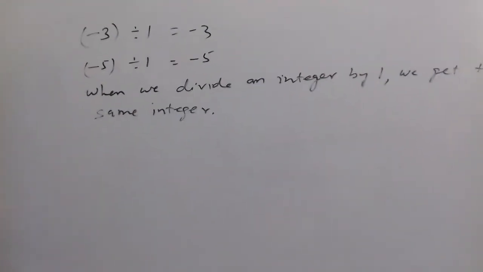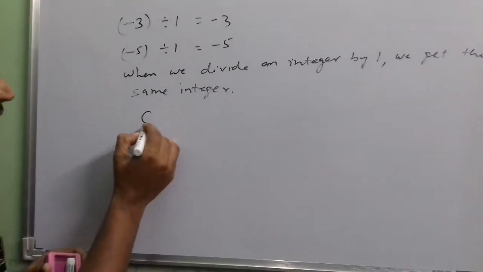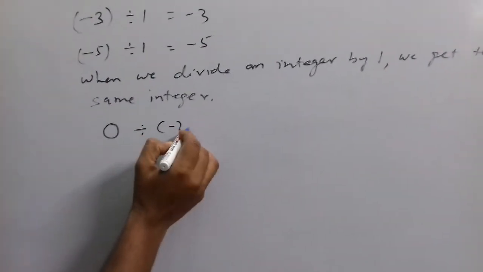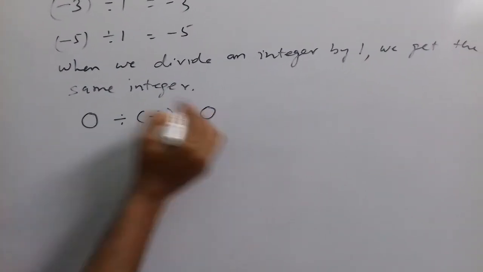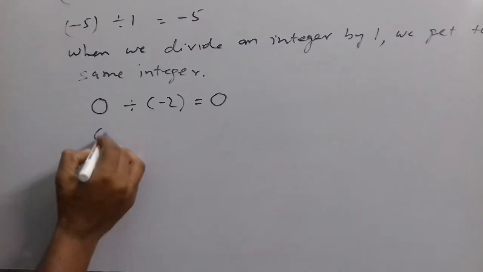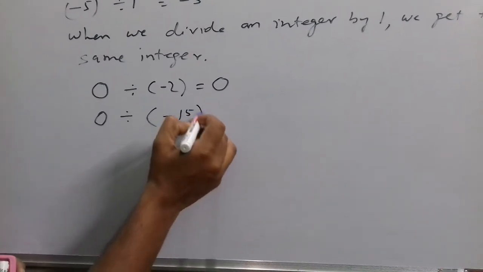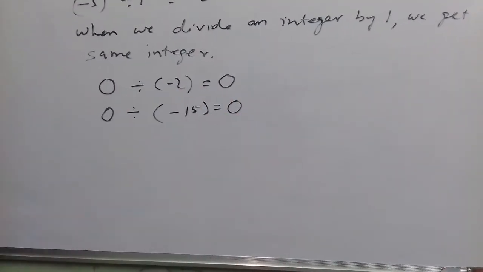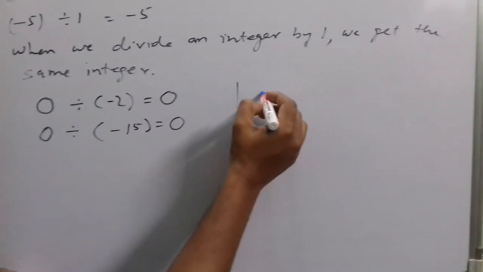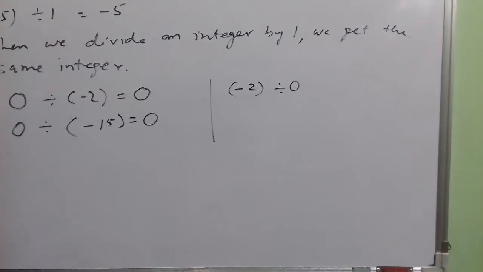Now, what about division by 0? You see, when we divide 0 by any integer, it gives you the value 0. 0 divided by minus 15 gives you 0. But minus 2 divided by 0, what is the answer?